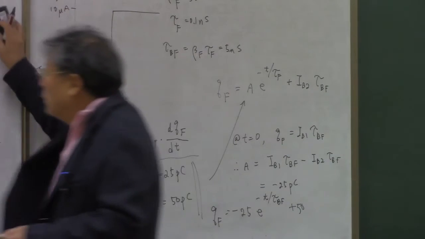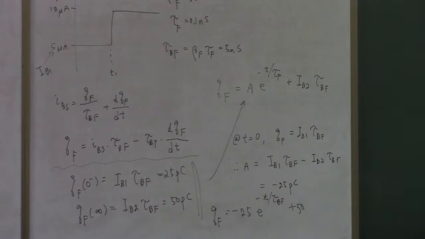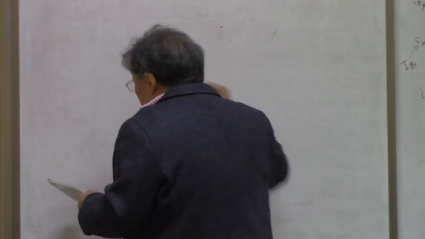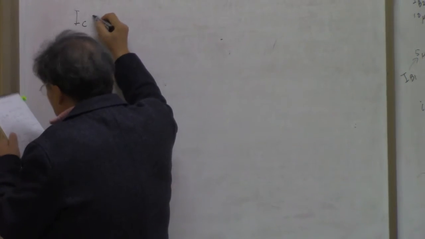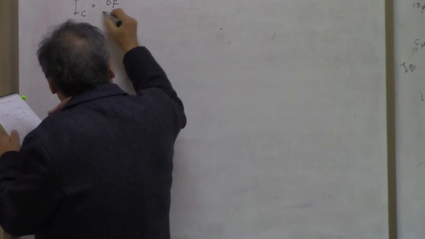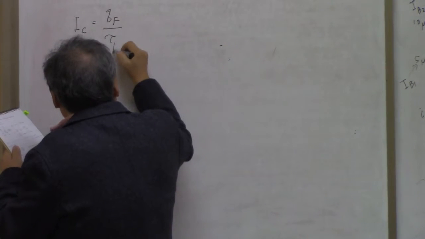And once you get the charge, then you can get the collector current from the equation QF over tau F, okay?